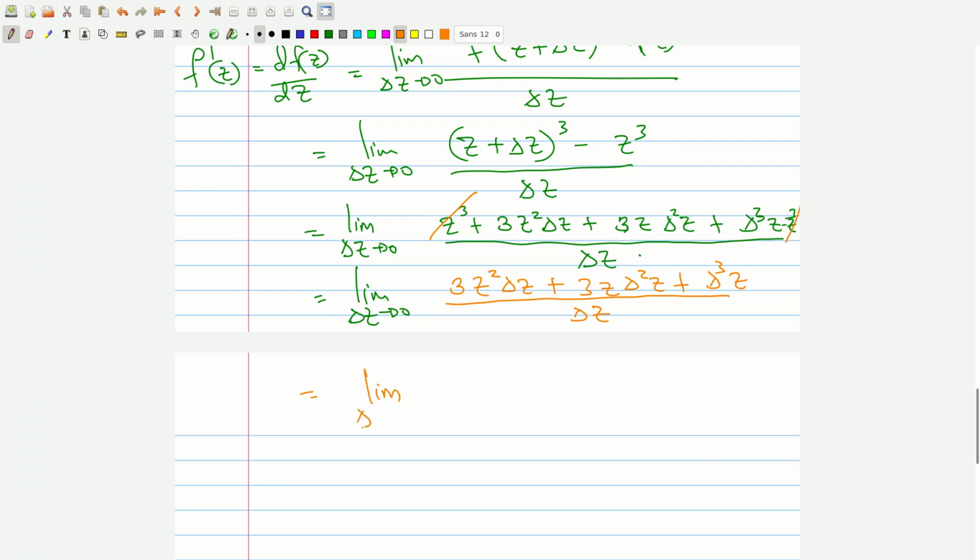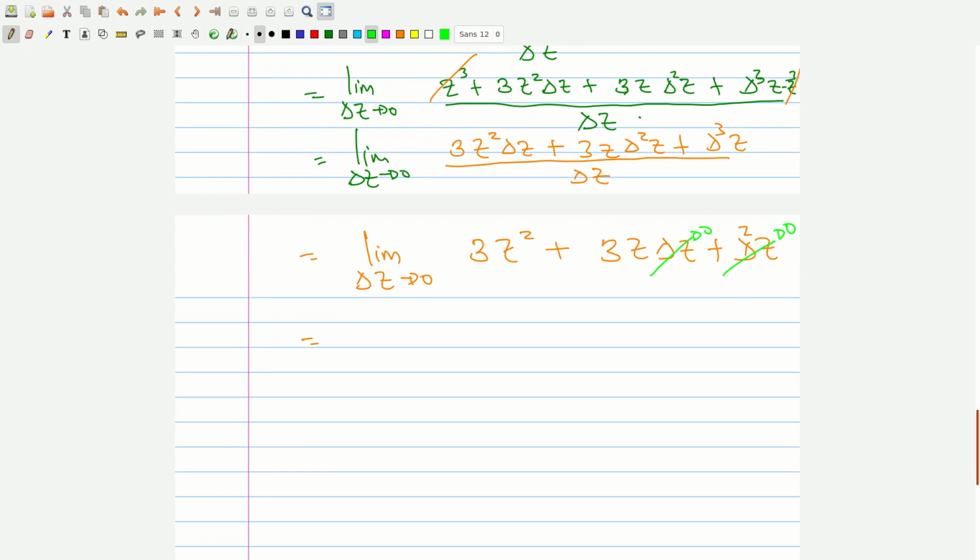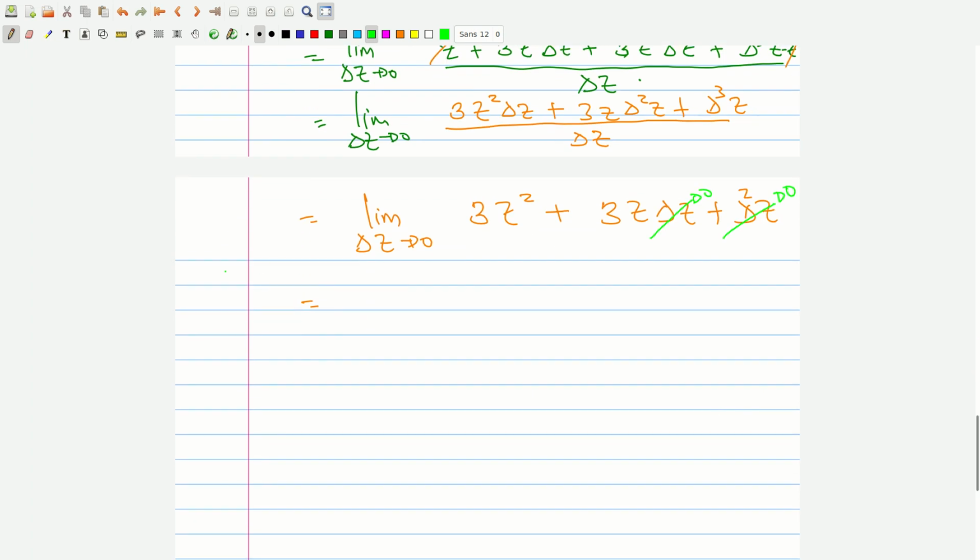We can divide through by delta z, so we have the limit as delta z approaches 0 of 3z squared plus 3z delta z plus delta z squared. As delta z approaches 0, this term approaches 0, and this one approaches 0 much faster, because you're even squaring it. Therefore what we have here is just 3z squared as our derivative.